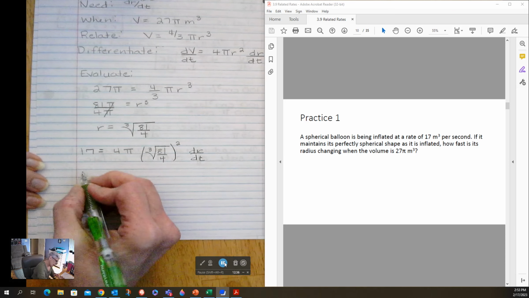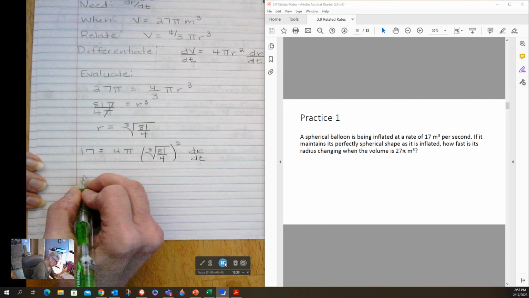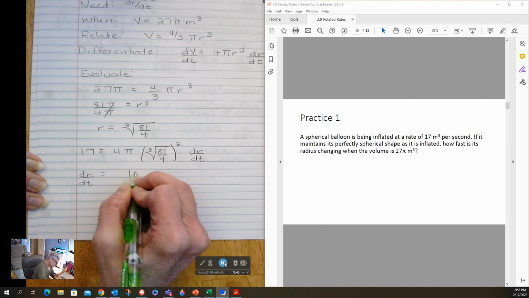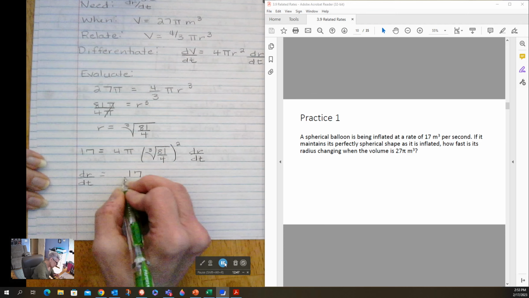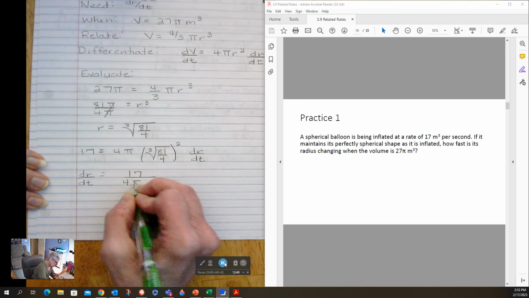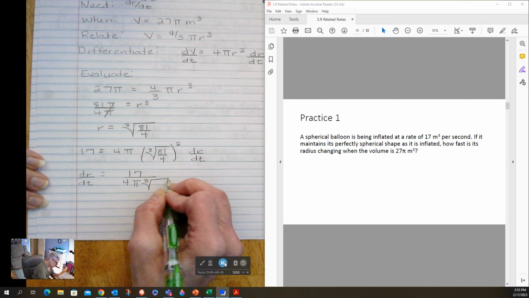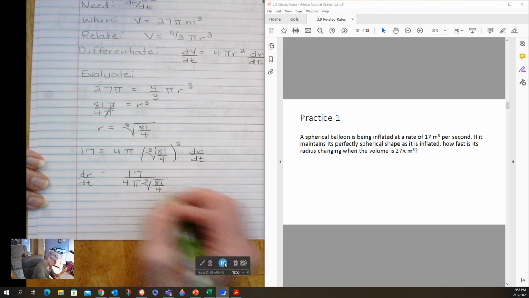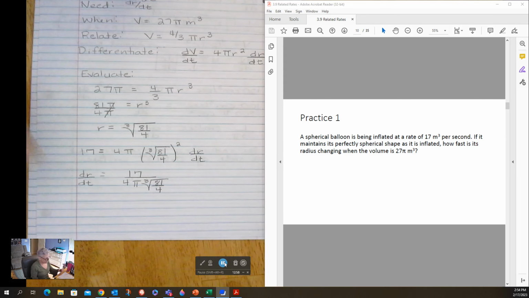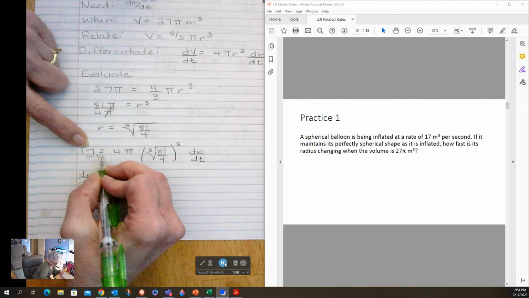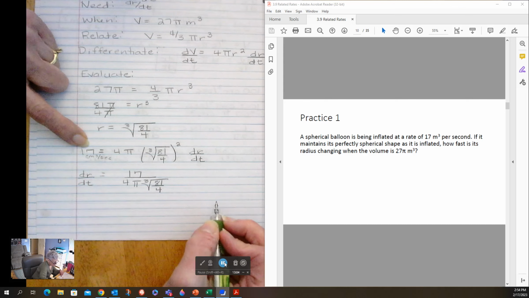So for an exact answer, it would be not that pretty. dr/dt is equal to 17 over 4 pi times the cube root of 81 over 4 squared, and this was cubic centimeters per second.